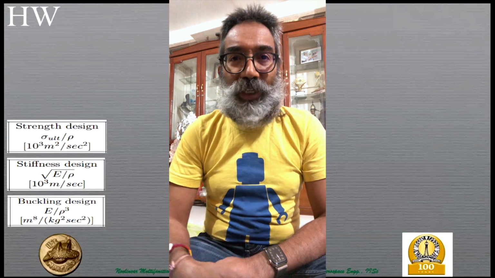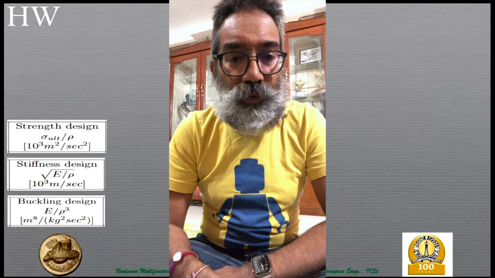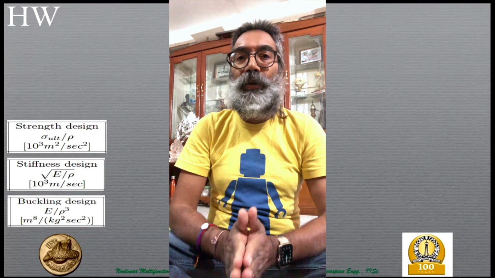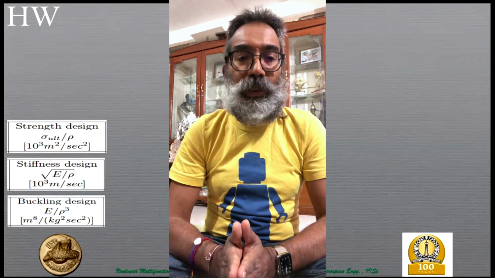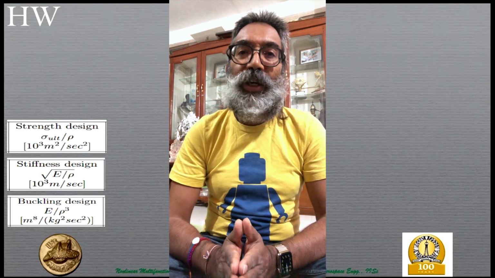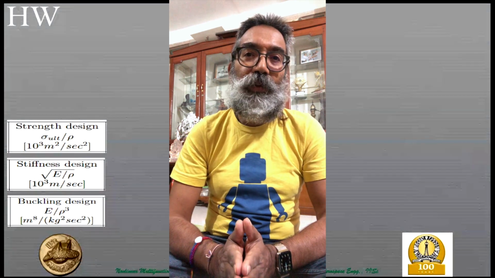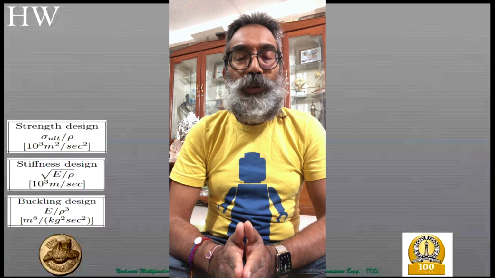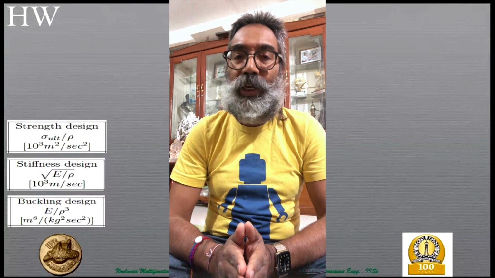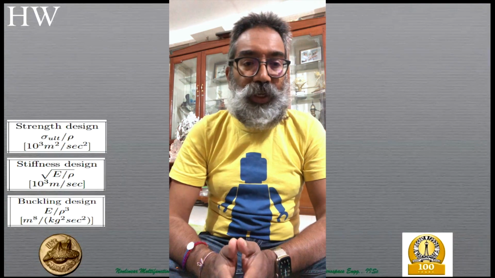So now, based on this, you have a homework to look at these parameters that we discussed. That is, the strength-based design was governed by sigma ultimate tension divided by the density. So that's in a unit of 10 cube meter squared per second squared, which is what we used in the previous slide as well.